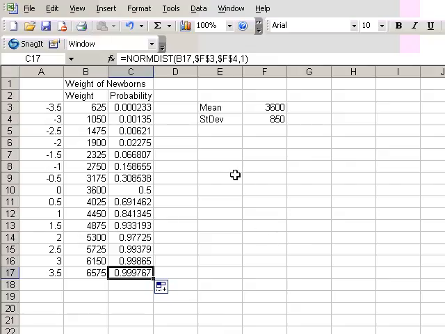So originally we said, what's the likelihood that a birth will be less than 2,000 grams? The likelihood that a birth will be less than 1,900 grams is 0.02275. But let's look at 2,000 grams.